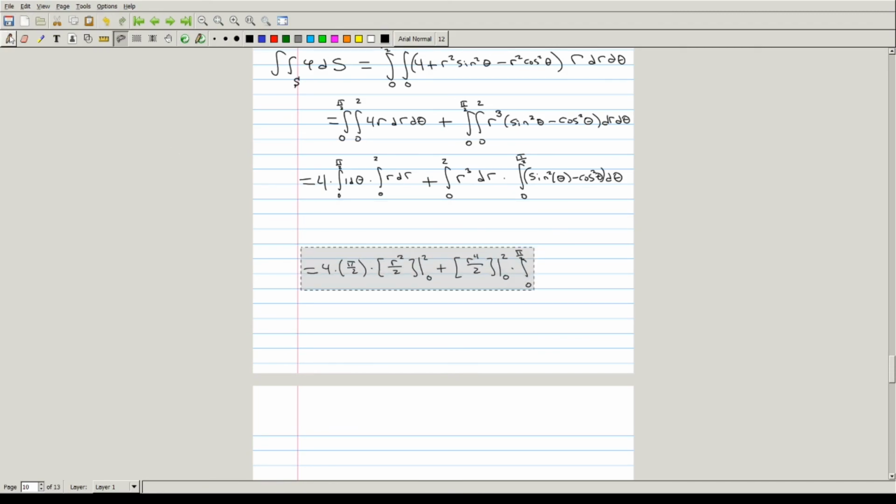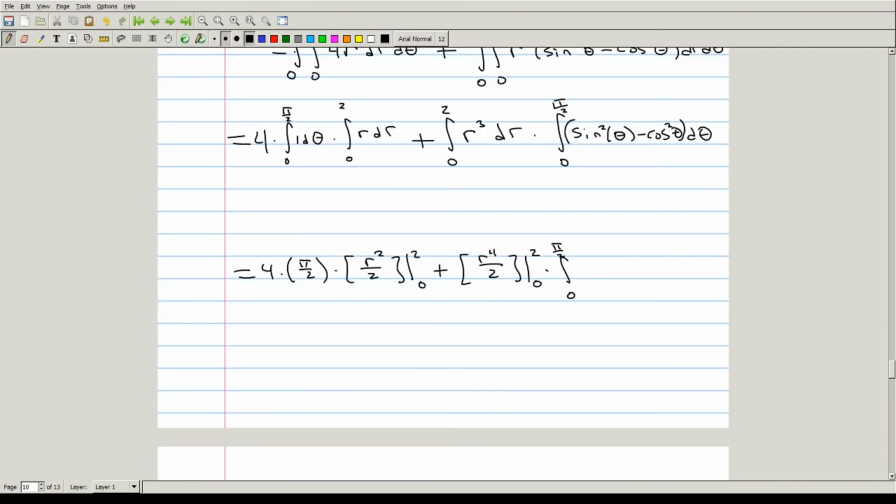So recall that sine squared theta minus cosine squared theta is the same thing as 1 minus 2 times cosine squared theta, which is the same thing as cosine of 2 theta times negative 1. This is negative cosine of 2 theta.